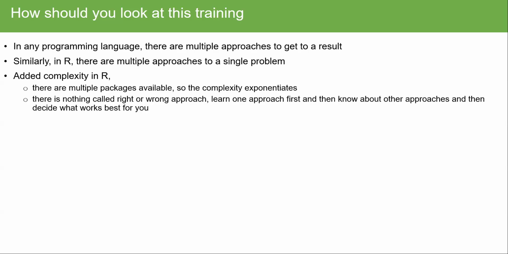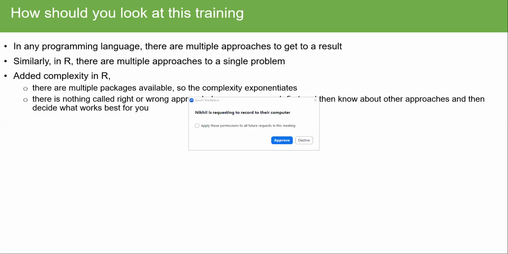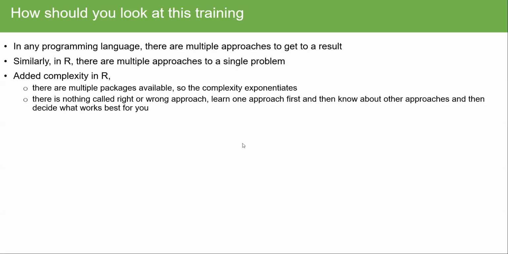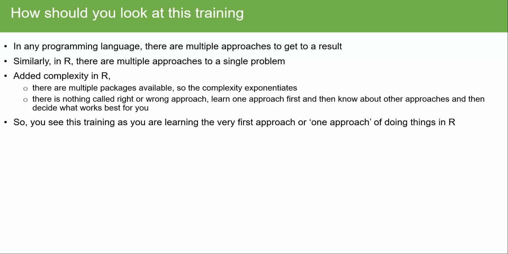So there is nothing called a right or wrong approach. Learn one approach first, then know about other approaches, and then decide what works best for you. So you should see this training as learning the very first approach, or one approach, of doing things in R, if you're not already familiar with R.